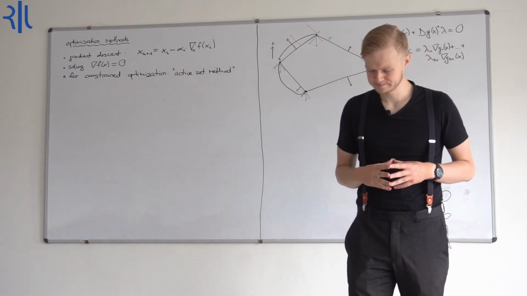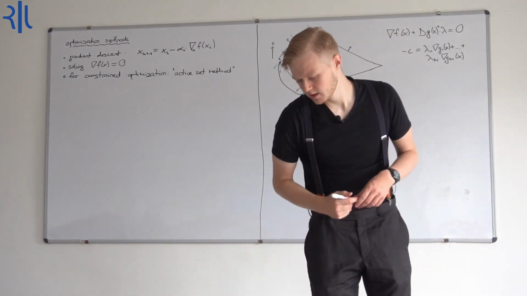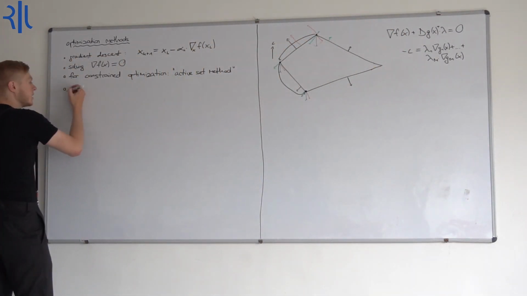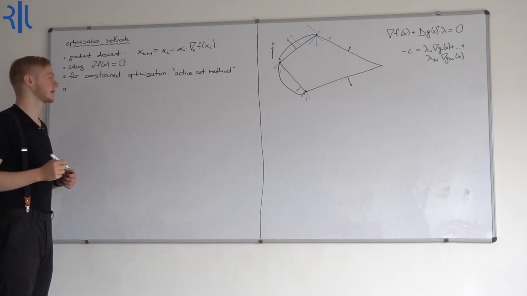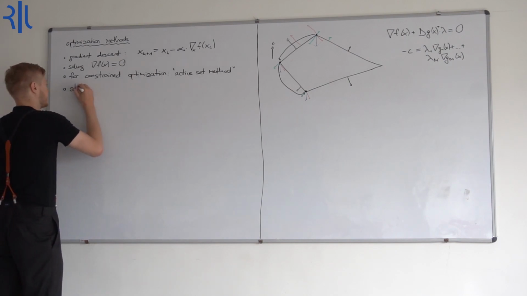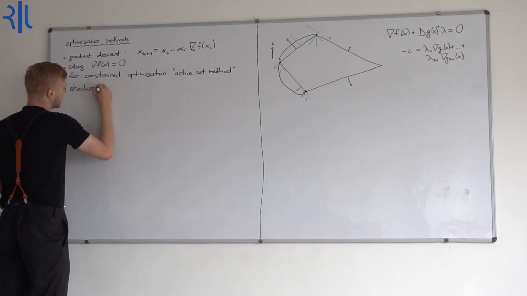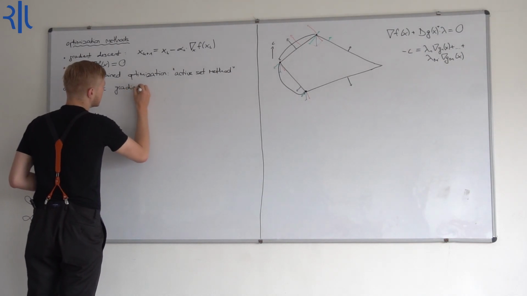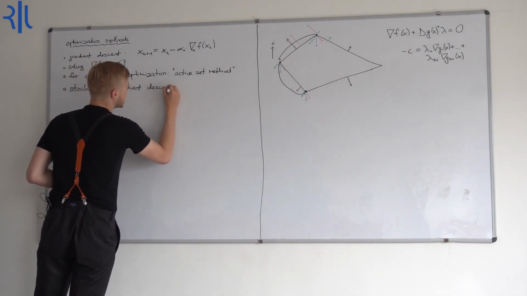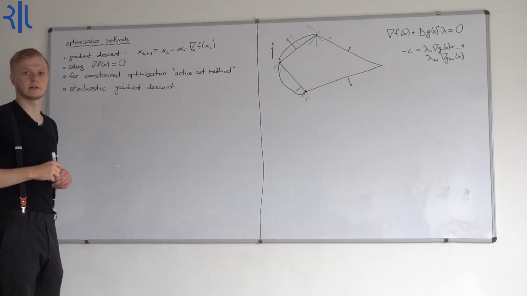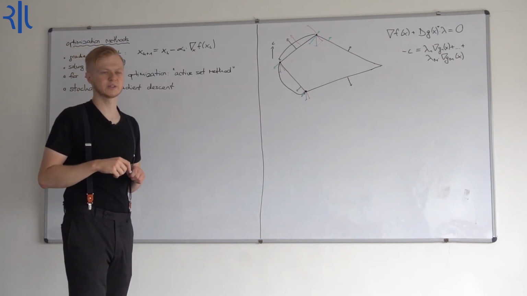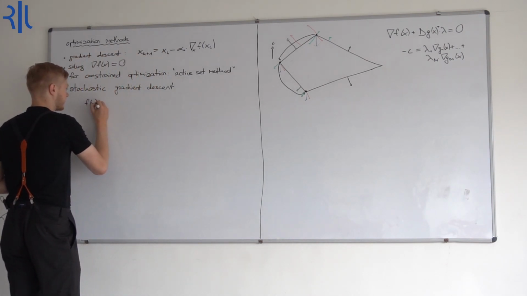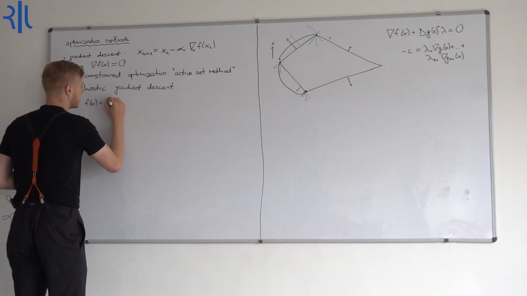The last thing that I want to mention in the context of optimization is stochastic gradient descent, which is a version of gradient descent that is specialized for a certain kind of objective function. You do it for objective functions that look like this.